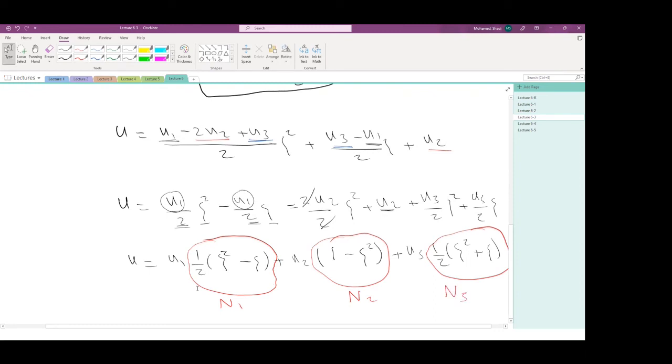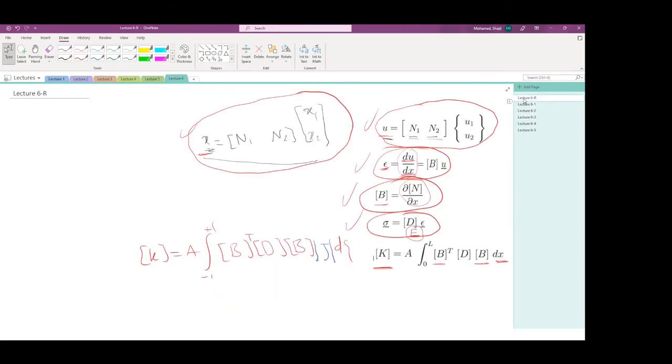Okay, so I'll go back to this set of equations. I just remove this sign so I can go through the steps one by one. So the first expression I have is for the displacement.